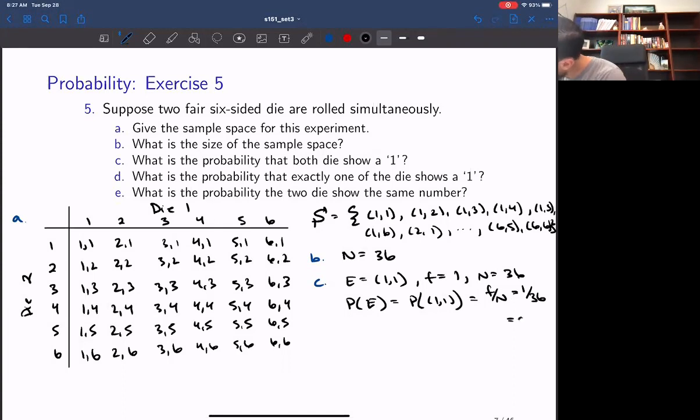Okay, so this is 0.027 repeating. The bar over the 7 just means repeating, like the 7 just goes on and on forever. 0.02777777777 forever and ever.